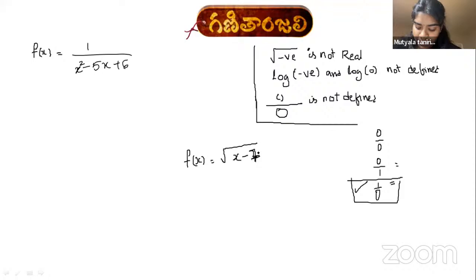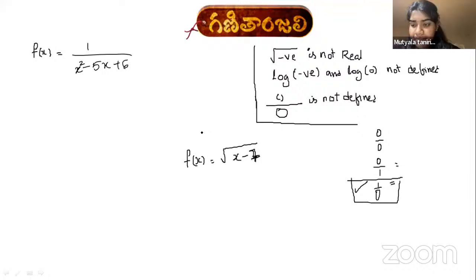Root of 1 minus 7, is it positive or negative? It's negative 6. So what's the first point in the notes? Root of negative is not a real number. So does this function accept 1 or not? No, sir. This function doesn't accept 1 because its output is not real.